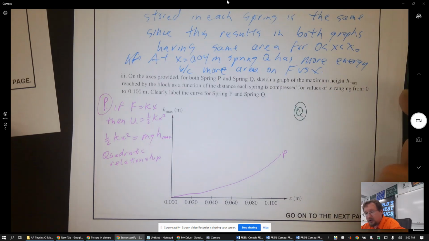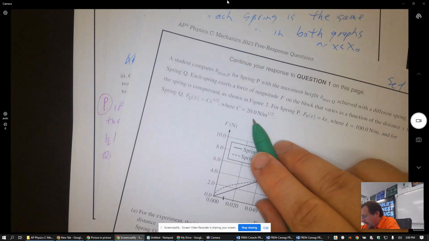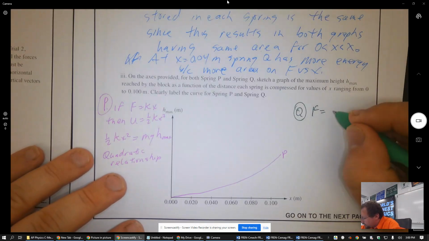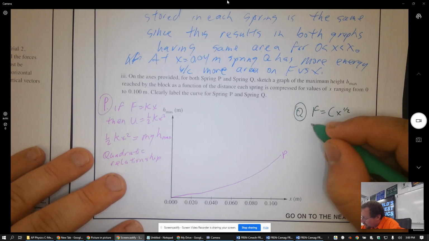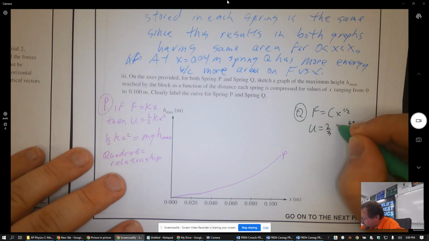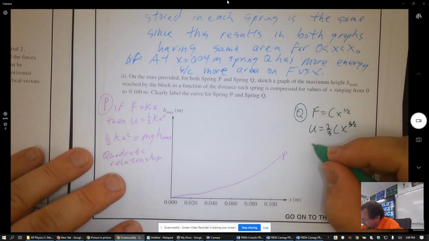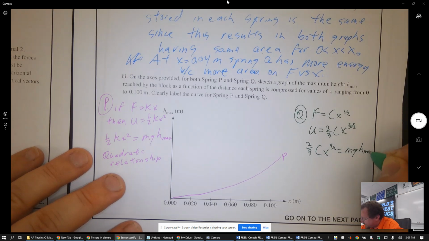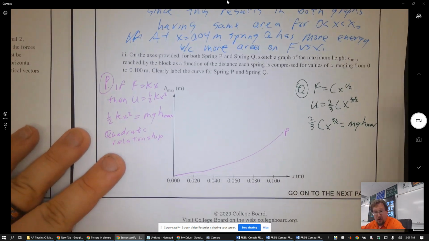Q. What was Q? Q was F equals Cx to the 1/2. So basic integral, raised up to the 3/2, so 2/3 C x to the 3/2 power equals mg maximum height. And I think that's also a curve.